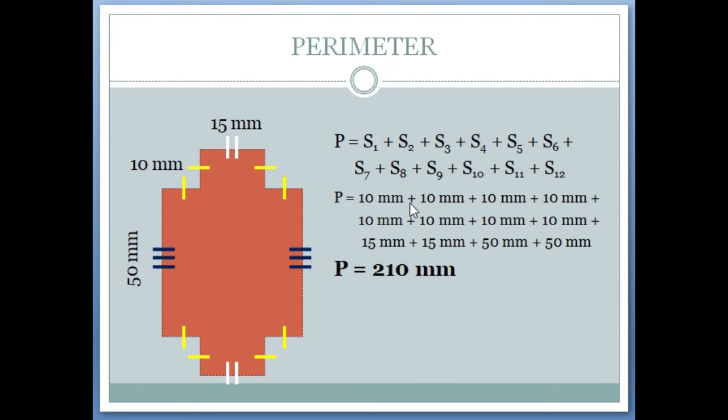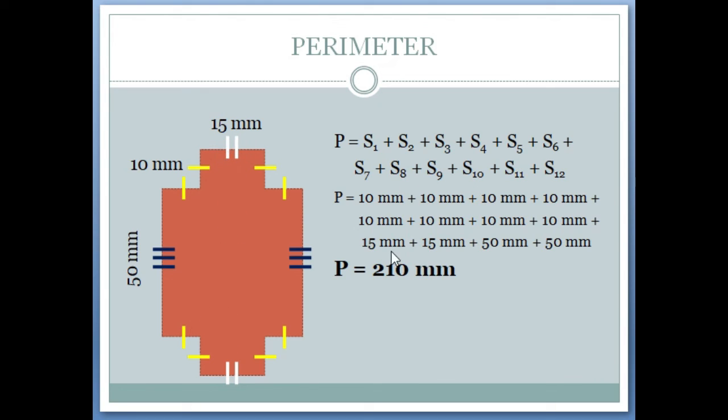So, 10 millimeters plus 10 millimeters plus 10 millimeters plus 10 millimeters plus 10 millimeters plus 10 millimeters plus 10 millimeters plus 10 millimeters. Then, yung 9th side natin at yung 10th side natin will be the 15 millimeters.